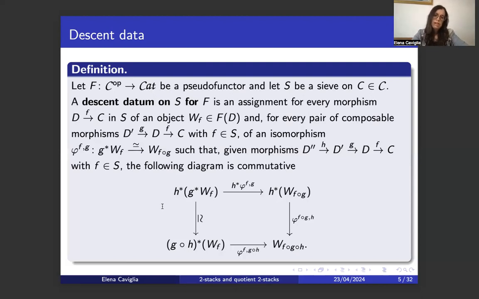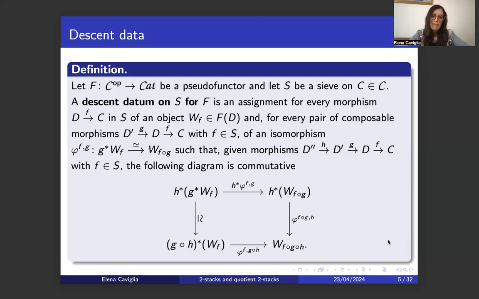This condition is called the cocycle condition, and it relates the isomorphisms for F and G, for H and F composed with G, and F and G composed with H. And this isomorphism on the left of the diagram is a canonical isomorphism, simply given by the pseudo-functoriality of F.